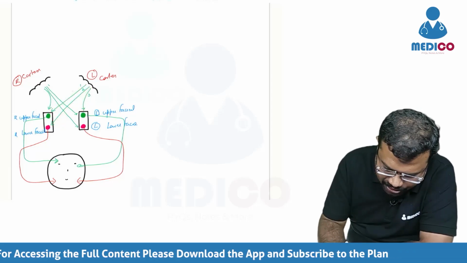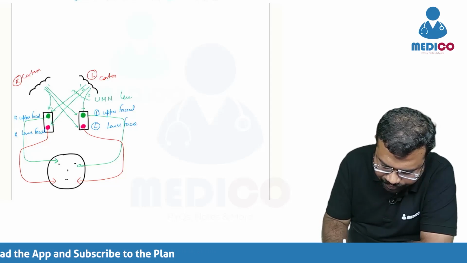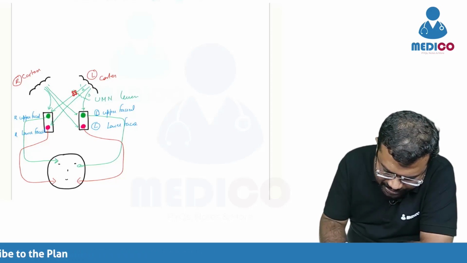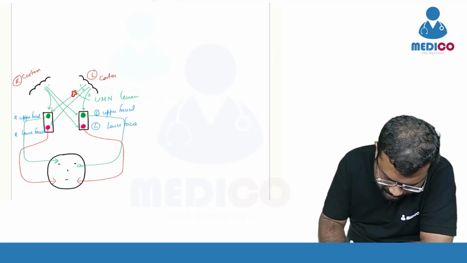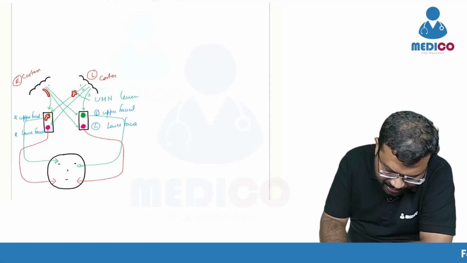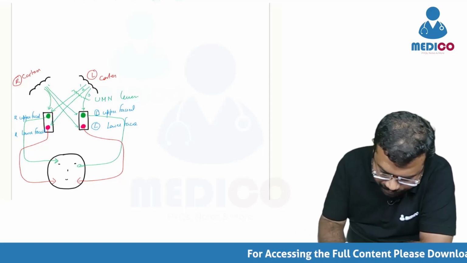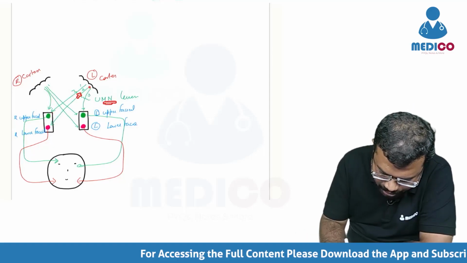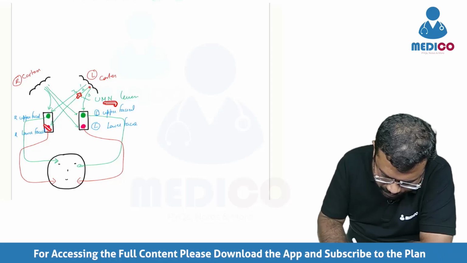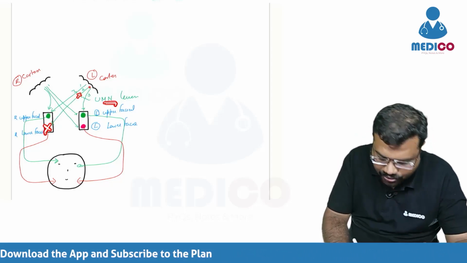If this is damaged, that is called a UMN lesion. Next, if one is damaged, this right upper facial should not work, but it is still innervated by this nerve, so it becomes functional. If two is damaged here due to upper motor neuron lesions, the right lower face should not function, and it is not innervated by any other nerves.